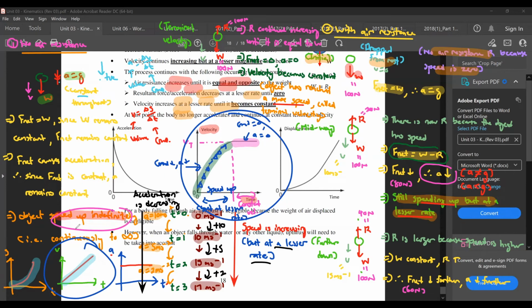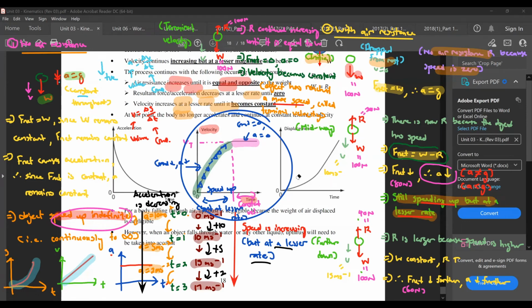That one tells you that your velocity keeps increasing in a straight line all the way to infinity. But the one with air resistance tells you that you will not keep on increasing. You increase less and less each time until you reach a maximum. Okay, that is terminal velocity.